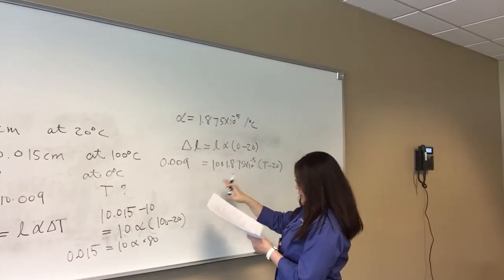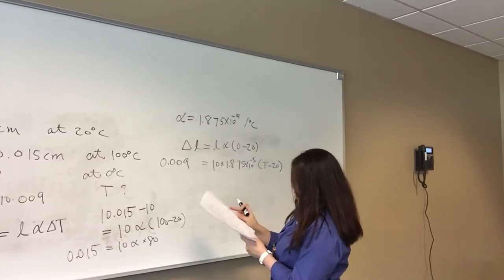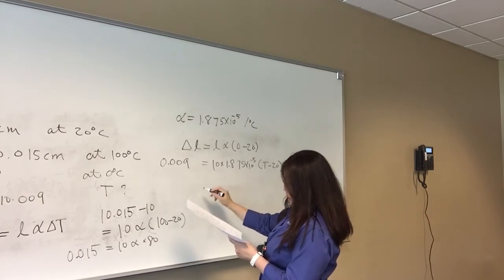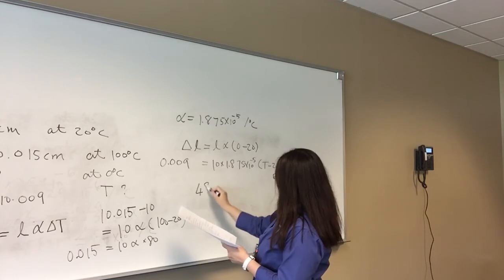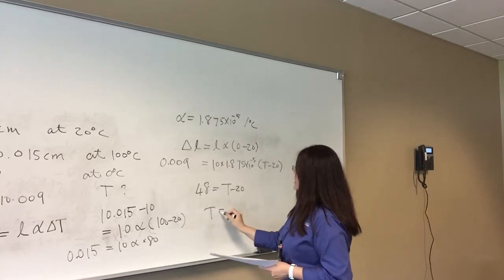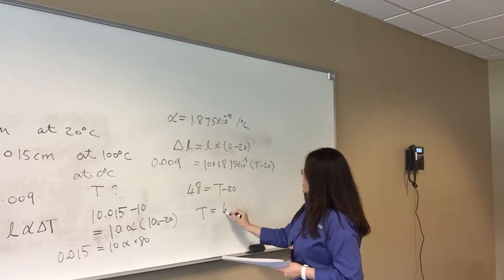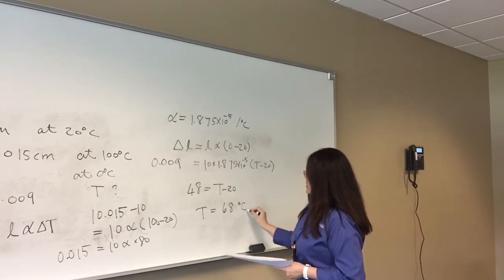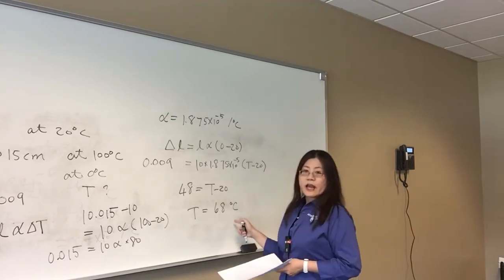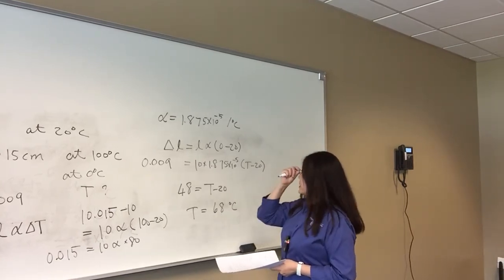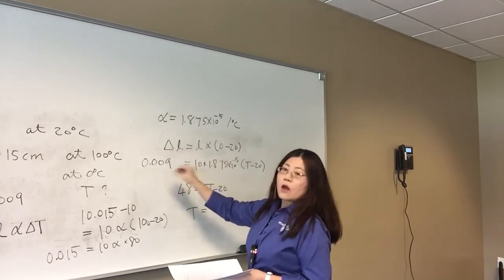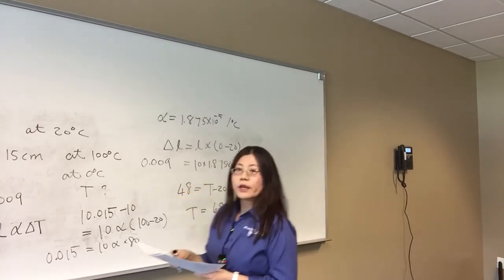After you work out the calculation, you'll get 48, which is equal to T minus 20, indicating that the temperature is 68 degrees Celsius. So in other words, when the temperature rises to 68 degrees Celsius, the change in length will be 0.009 centimeters.